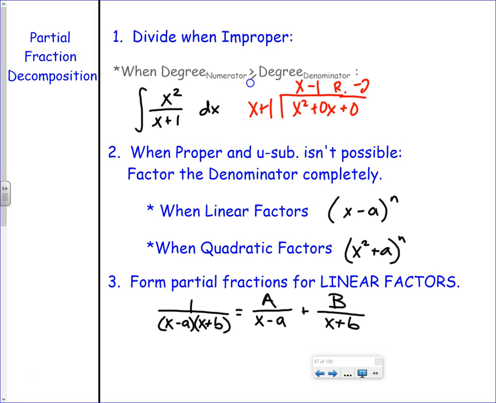Negative 1. Okay, so we could change this with a simple long division. We could change it to be x minus 1 plus 1 over x plus 1.